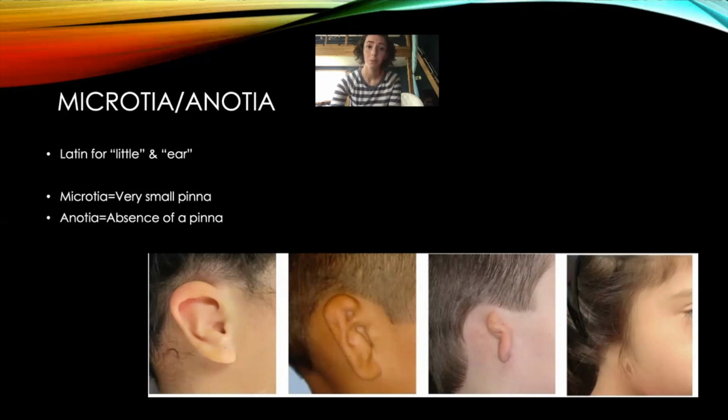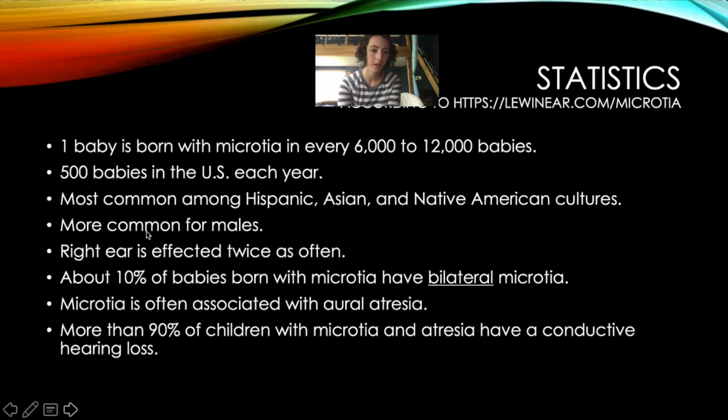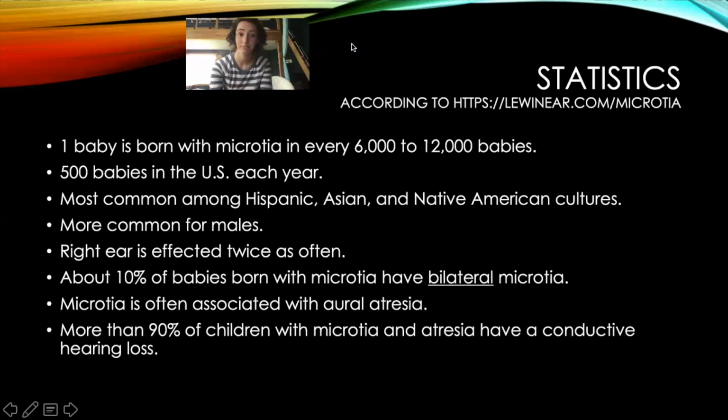Microtia can affect one ear, so unilaterally, or both ears, bilaterally, and it occurs in about 1 out of every 6,000 to 12,000 births. So let's look at a few more statistics. It's also about 500 babies in the US each year. So in your profession as an audiologist, you are going to see handfuls of babies with microtia and anotia.